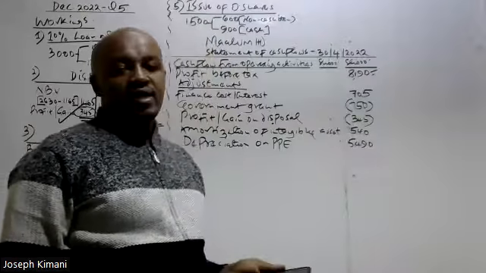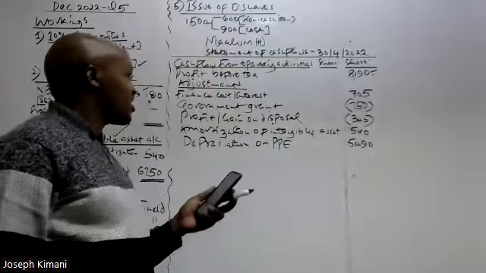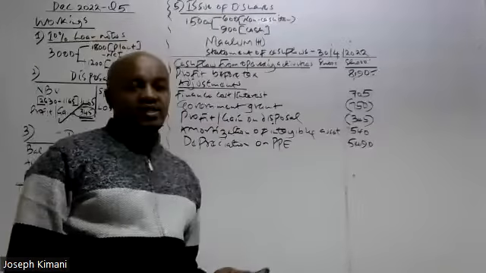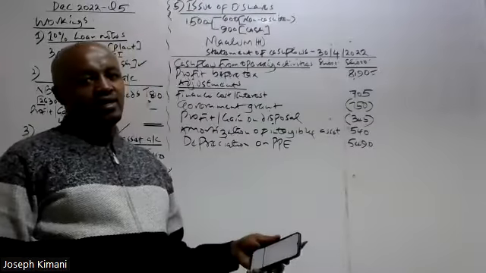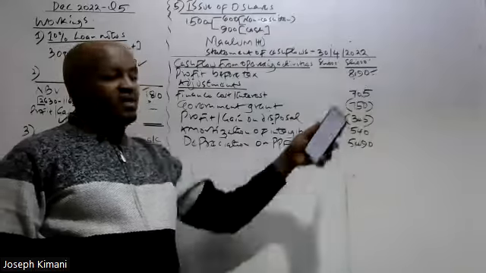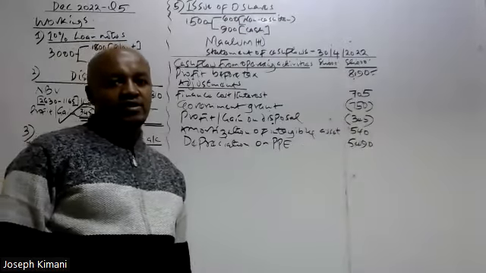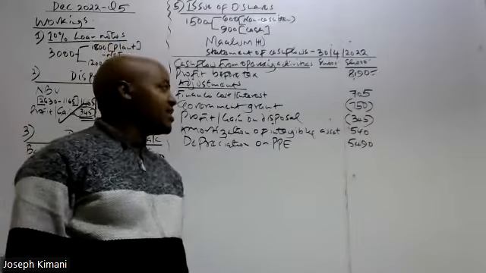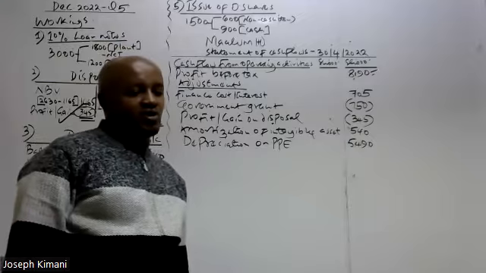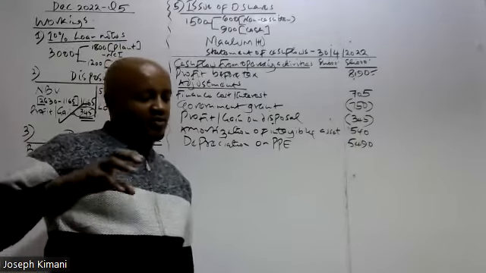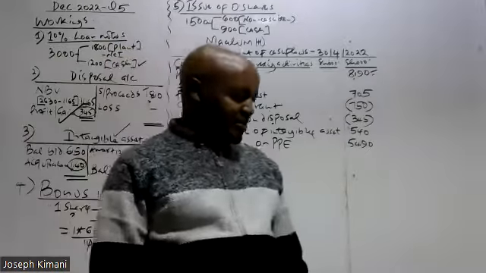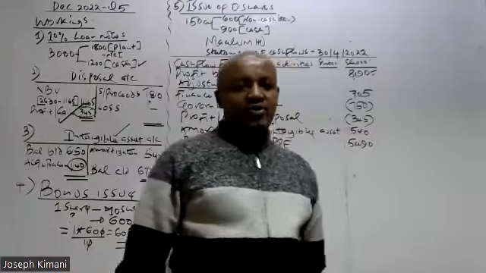No, the simple question you need to ask yourself there, the gain on property devaluation, is that gain included in that profit? You have to recall what we said when we were looking at how we prepare an income statement for publication purpose.